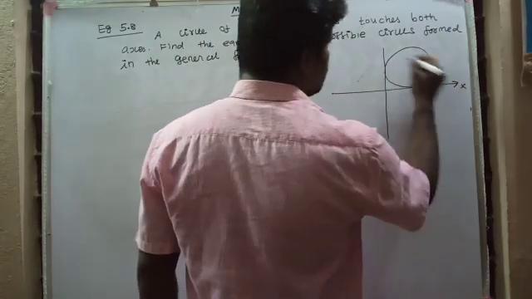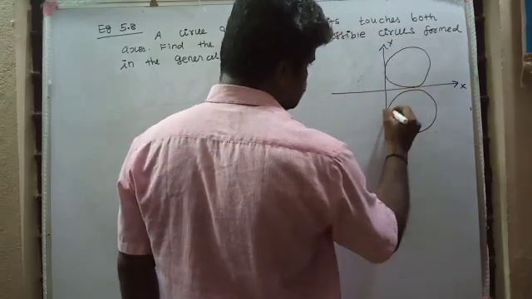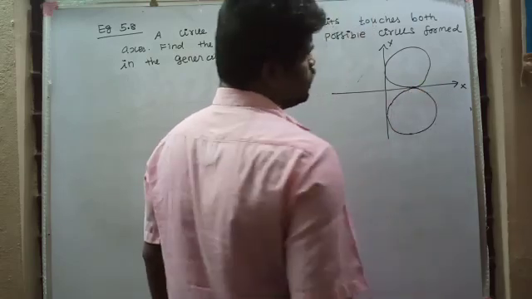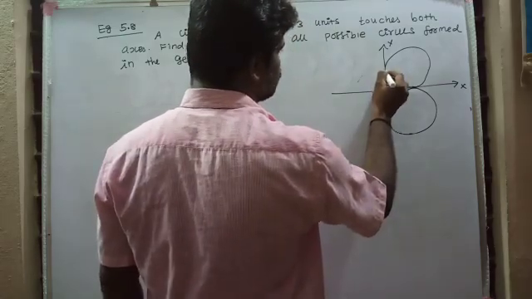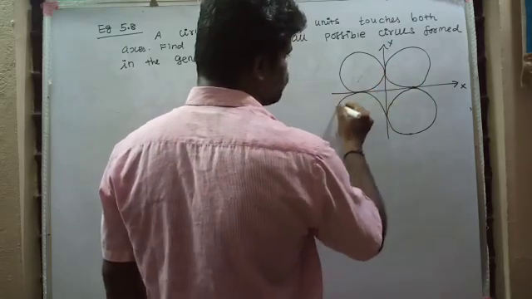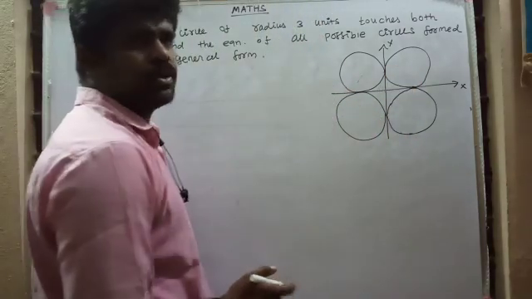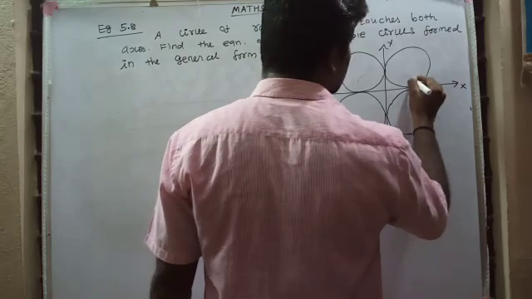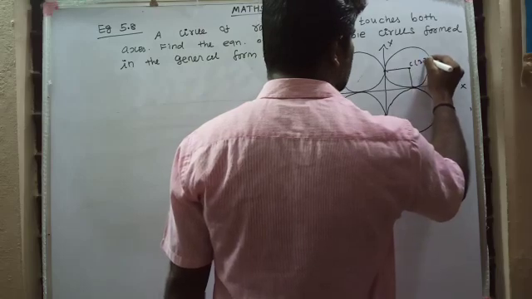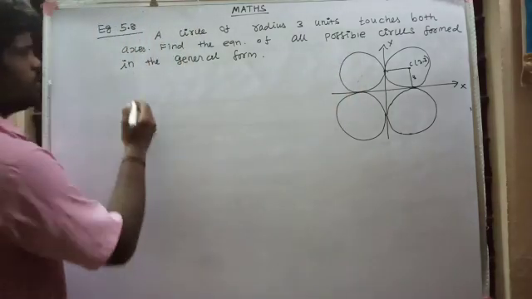This is the x axis and this is the y axis, and this circle also touches both axes, and this circle also. Each circle has radius 3 units. So this is center 3 comma 3.